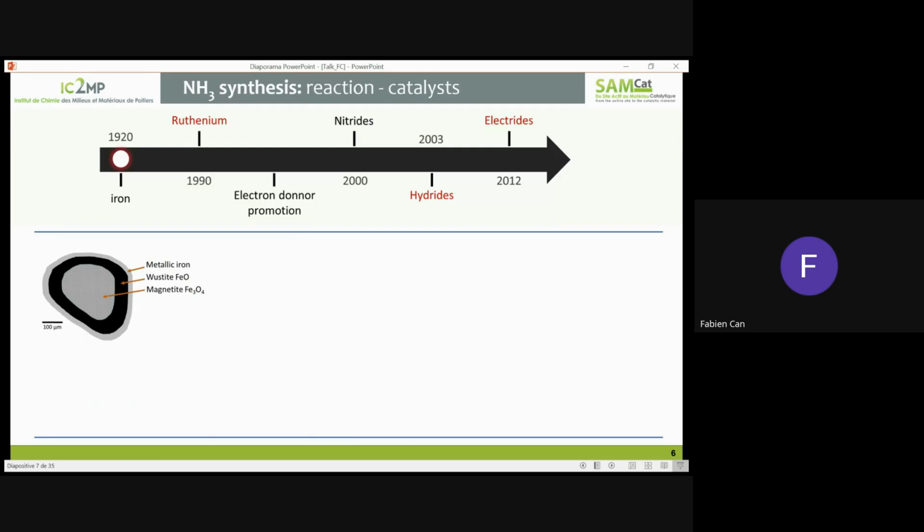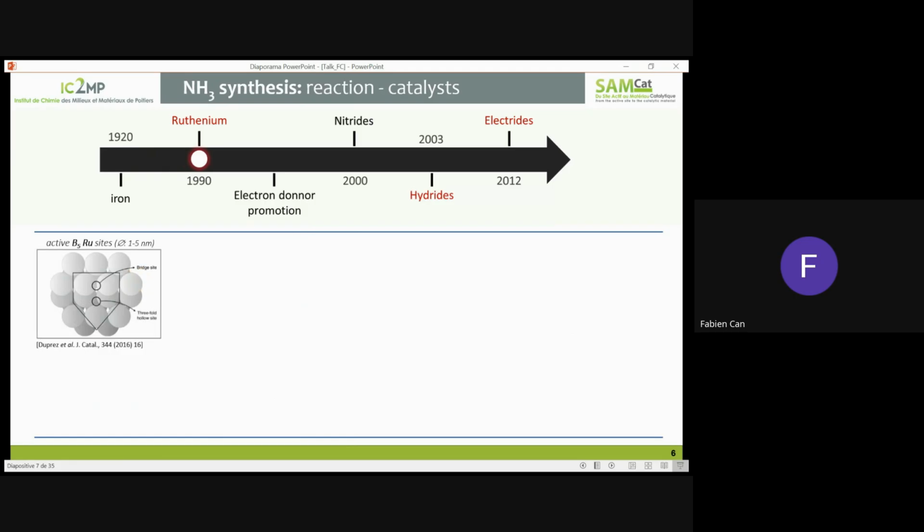But it is not a simple catalyst; we have various kinds of iron species in it. Then ruthenium was proposed as a very highly efficient metal for ammonia synthesis, especially with so-called B5 sites, which are obtained with very small particle sizes and which help N2 dissociation by an elongation of the N2 bond when it is adsorbed on this specific particle size.